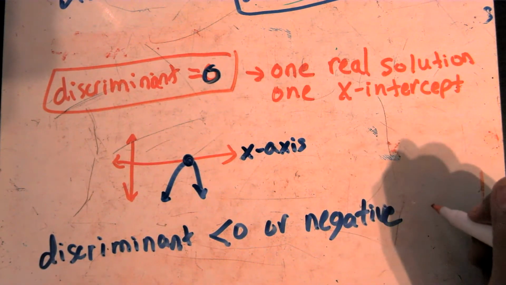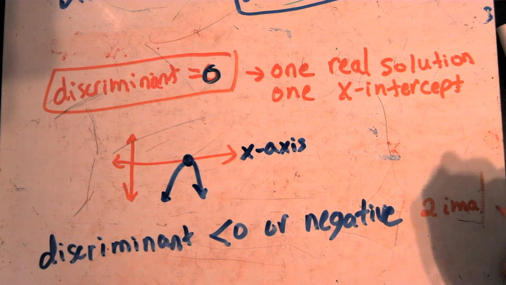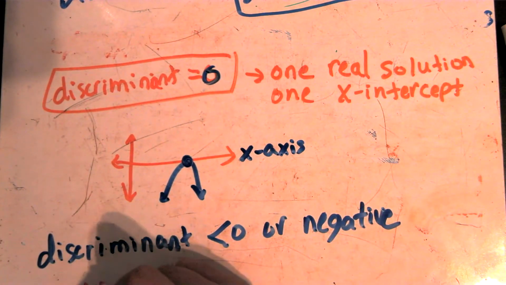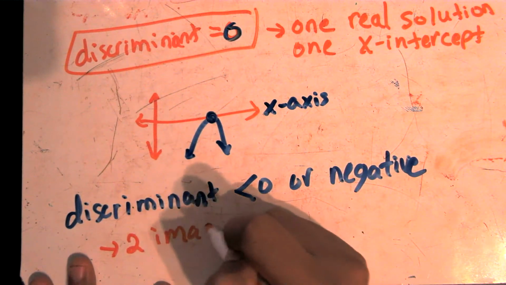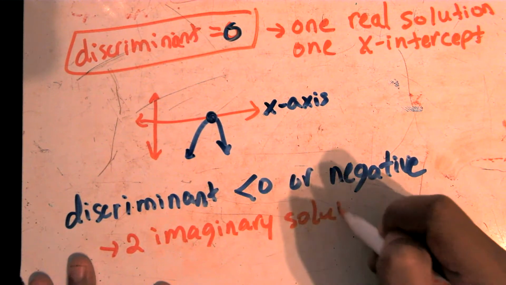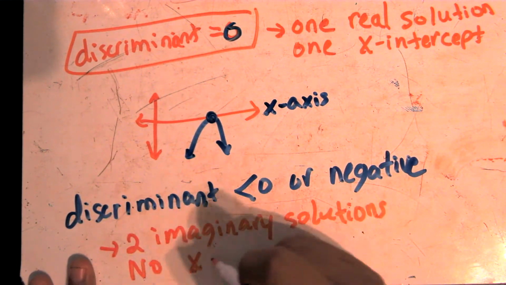We have two imaginary solutions. I can't fit the word imaginary here. That's telling us that we have two imaginary solutions and no x-intercept.